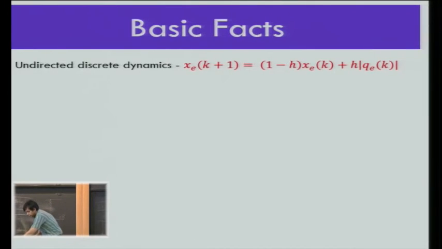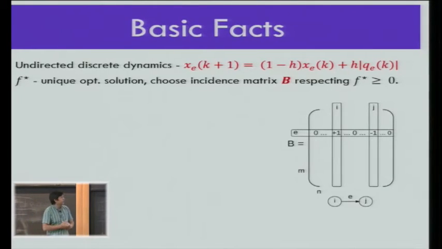But let's see. We need to do a little bit of setup. Let's say f star is the unique optimal solution, and the graph is undirected, but let's choose an incidence matrix corresponding to assigning directions to these edges, so that this flow is positive with respect to this matrix.